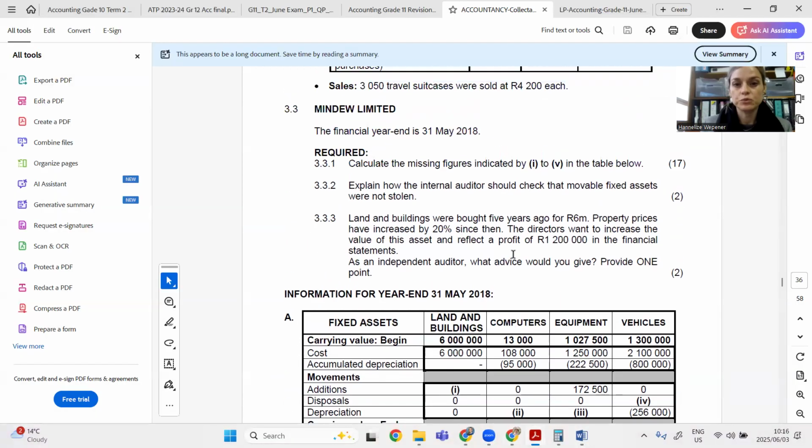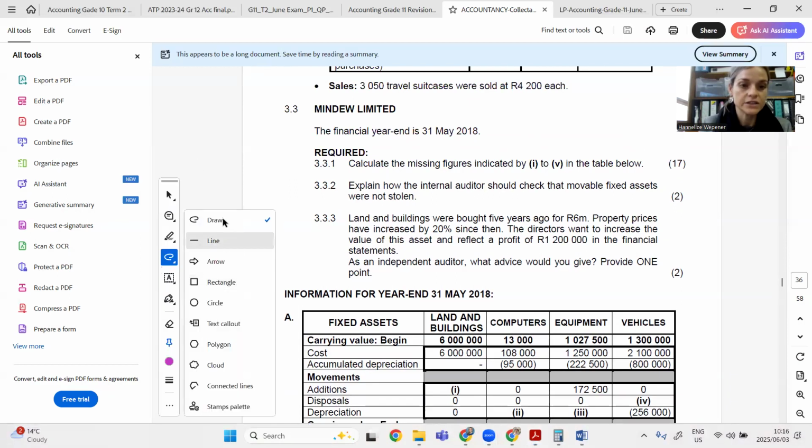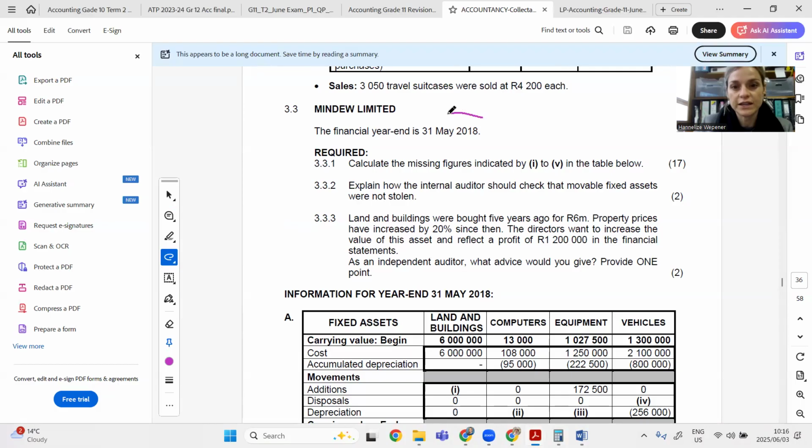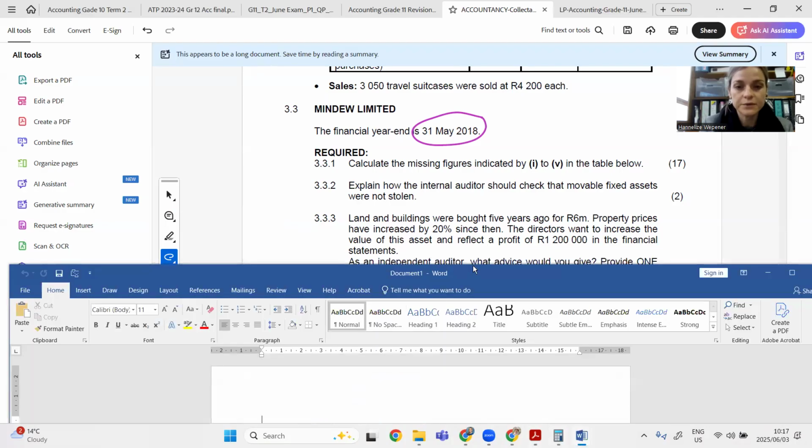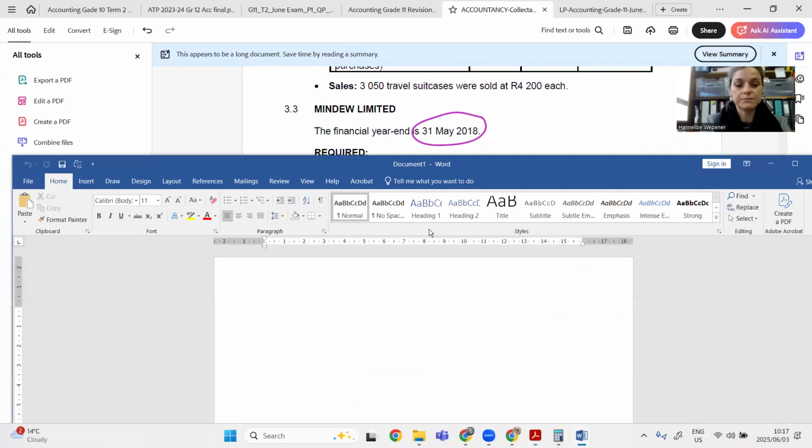There we go. So we are going to now use the information provided for the financial year ended 31 May 2018. So in other words, I want to write in my calculation that my financial year started on the 1st of June 2017.